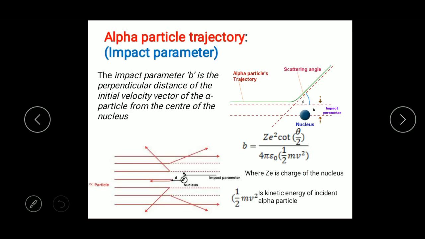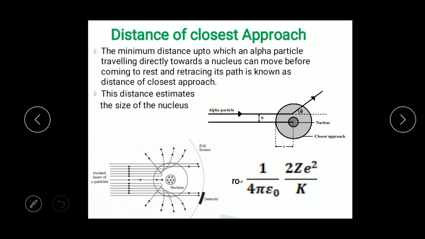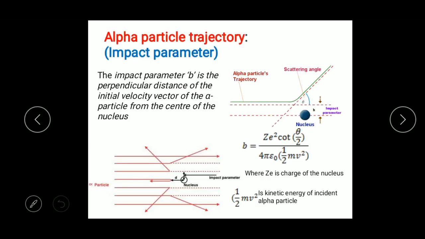One is the impact parameter, and we know that the trajectory is the path followed by the alpha particle, called the trajectory of the alpha particle. And one more definition is the distance of closest approach. These two definitions related to alpha particle scattering we need to define here. First, what is an impact parameter, right?